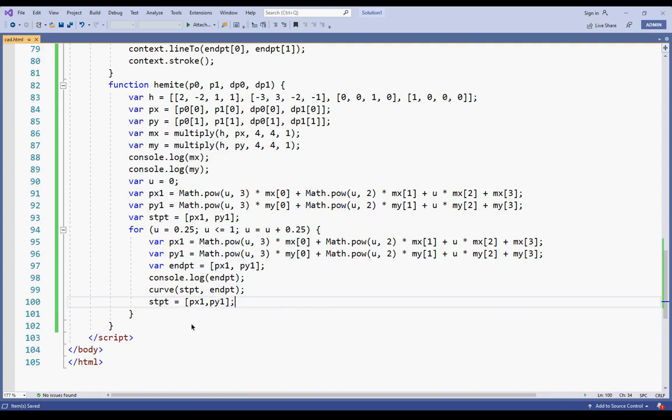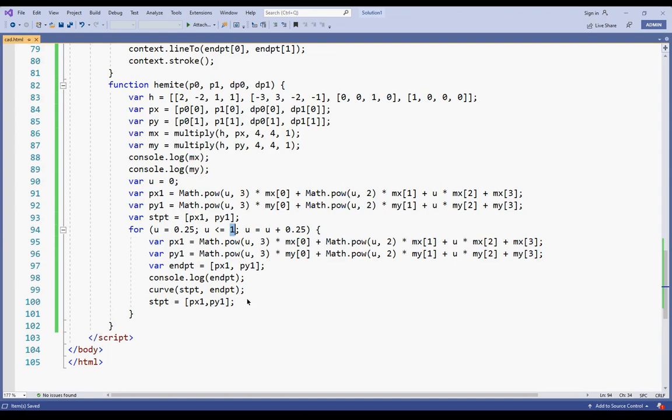After drawing, my end point is going to become my start point, and the new end point will be calculated. Let's go step by step.